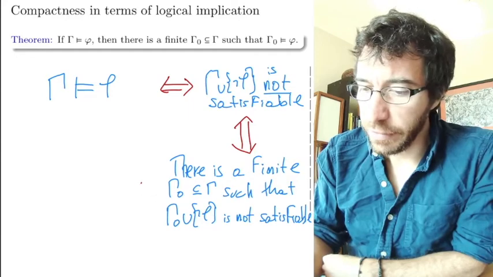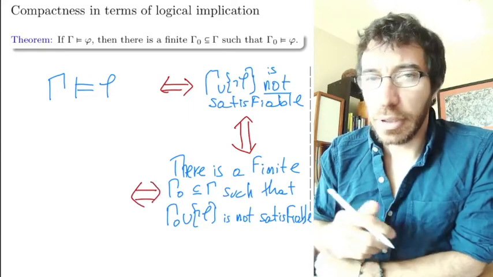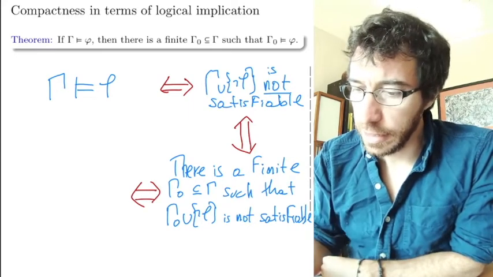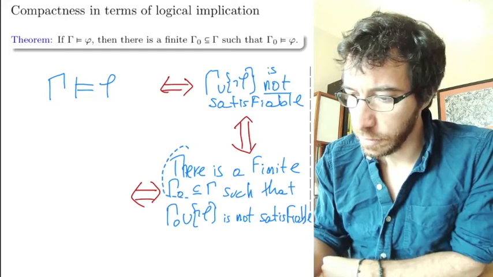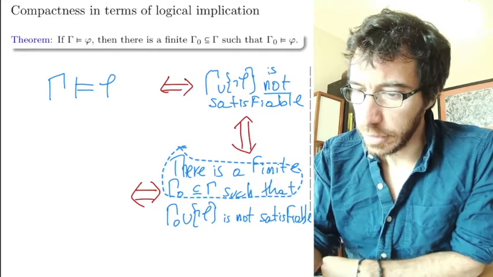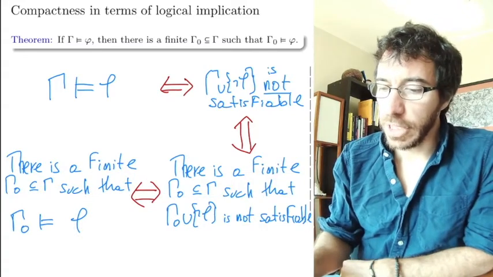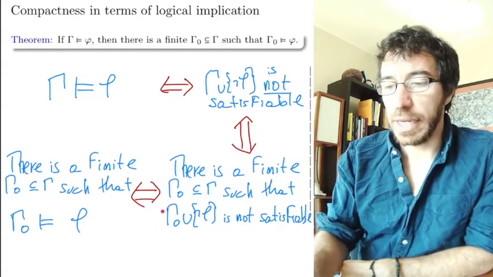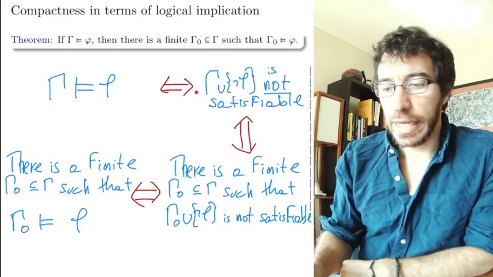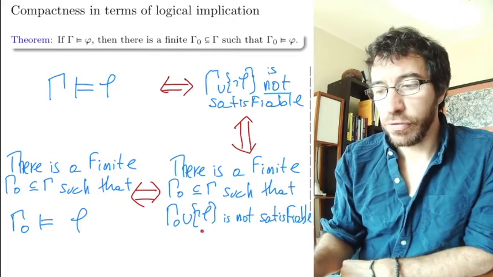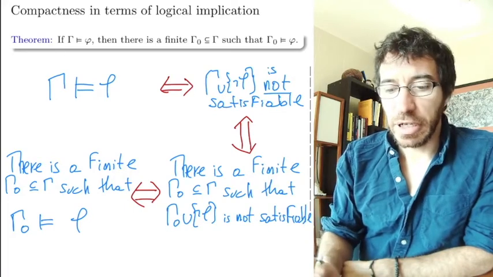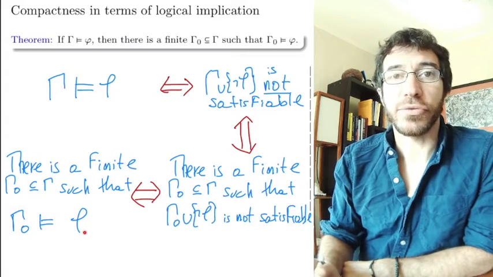Now, the same observation that we mentioned before about this finite set, I'm just going to copy this part. Right, so here, remember from the same argument that we did up here, gamma 0 union not phi is not satisfiable if and only if gamma 0 logically implies phi.